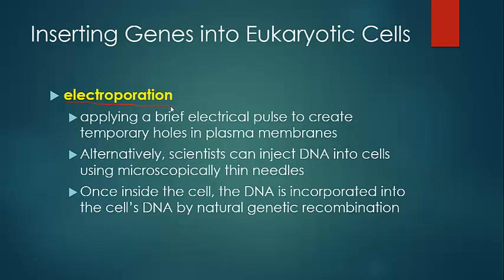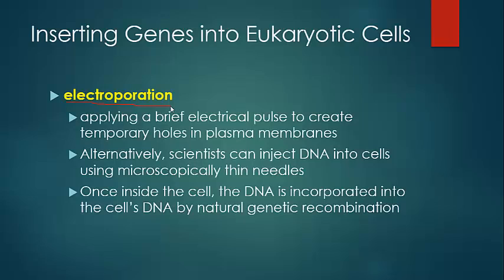In this process of electroporation, you apply a brief electrical pulse to the cell, and that's going to create temporary holes in the plasma membrane. Once these temporary holes have been created, that cell then takes in the foreign gene. Another method to insert genes into eukaryotic cells is to inject the DNA using microscopically thin needles.